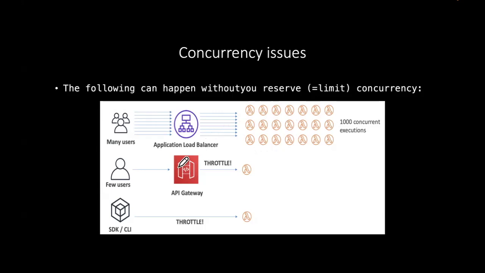Suppose that same account has 2 other applications. The other application, in this case, uses the API gateway, and that also has a Lambda associated with it. And we've got another application that has a Lambda with a function URL linked to it. Because this application here has consumed your maximum Lambda concurrency limit, all of the users using these other 2 applications are going to receive that 429 throttling response.